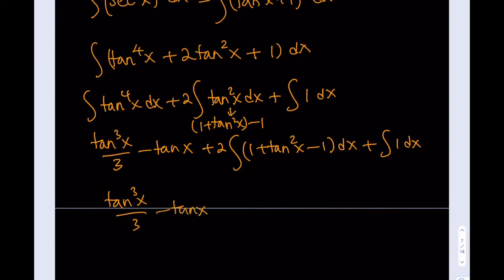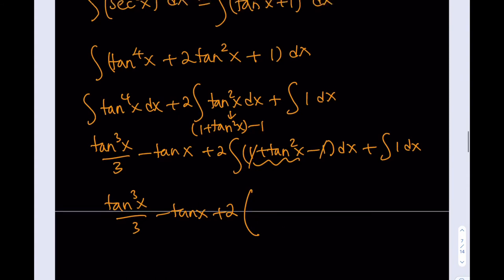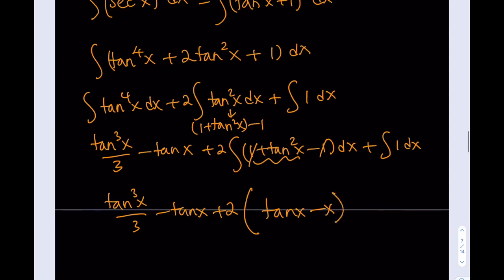Now, I'll keep the 2 outside, then integrate everything. The 1 minus 1 would cancel out, but we don't want that because we want this one, which is going to be secant squared. Okay, this is going to be tangent x minus x when integrated. Cool. And then I'll have plus x plus c.